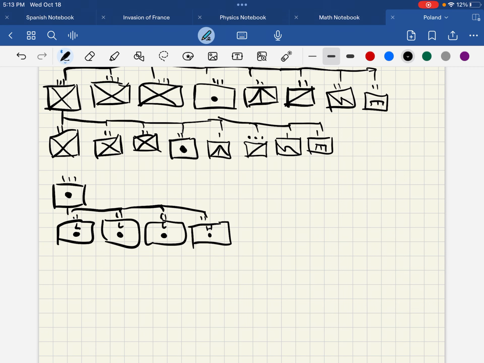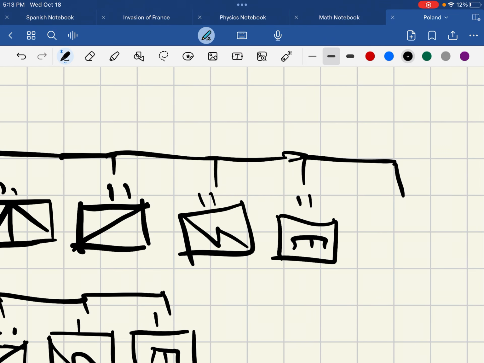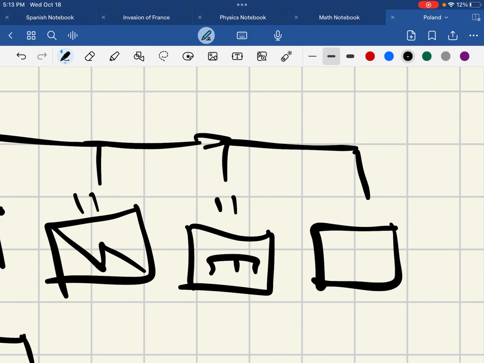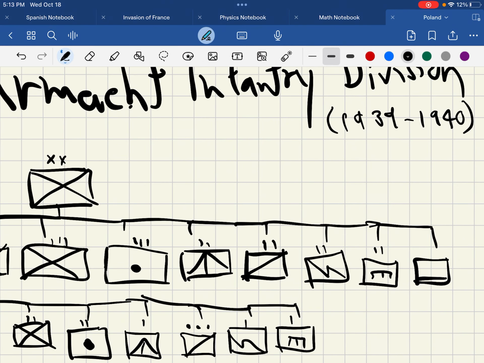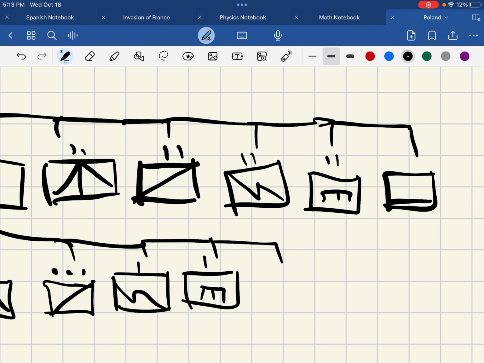And by the way, all of these units always have a head as well. They always have a command company or a command group. They're the ones who order the division or regiment around.